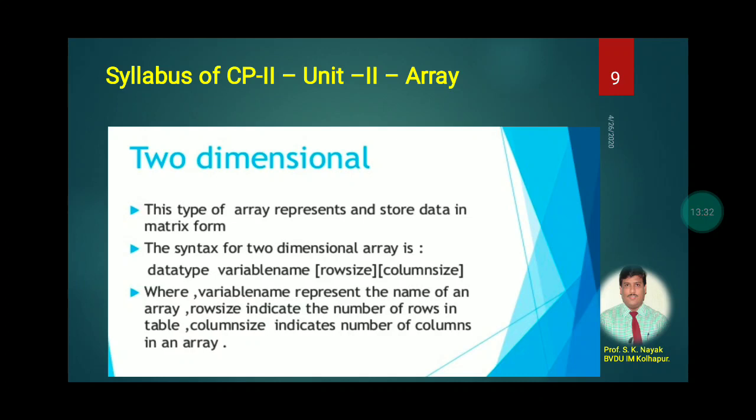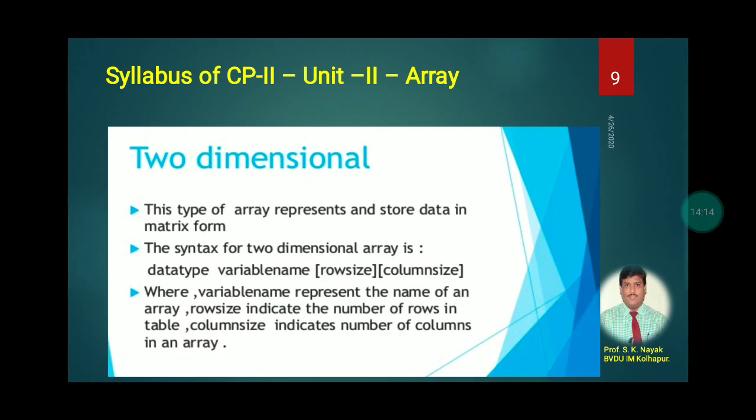A two-dimensional array is a matrix form, like a tabular structure of rows and columns, where the variable name represents the name of the array. The row size, given first in square brackets, is the number of records we can insert, and the column size gives the number of columns you can enter into a particular record or row.